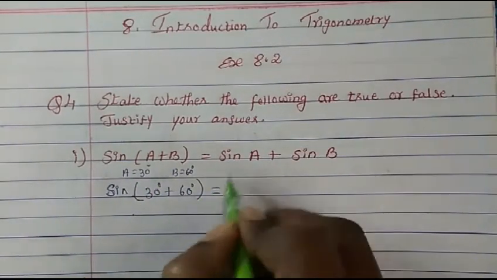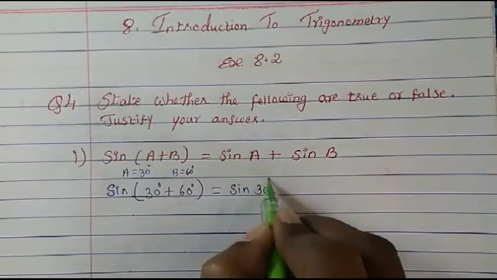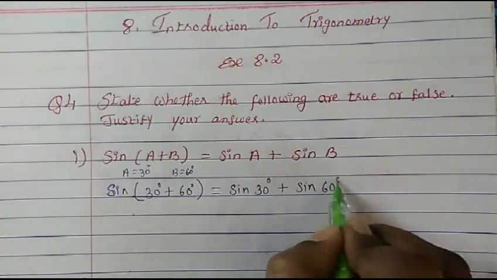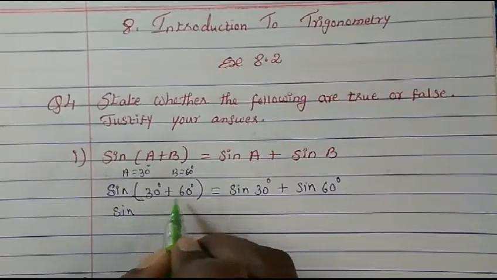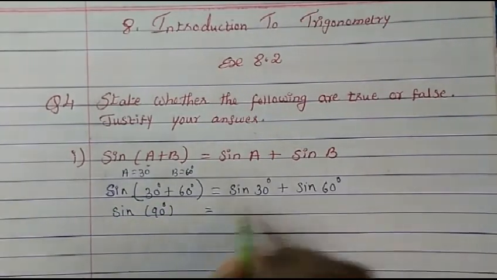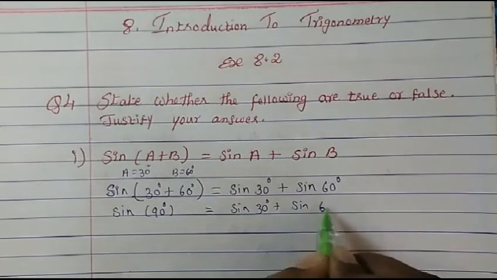Now equal to sine A, which we considered 30, plus sine B, which we considered 60 degree. So sine of 30 plus 60 will give us sine 90 degree, and here sine 30 degree plus sine 60 degree.